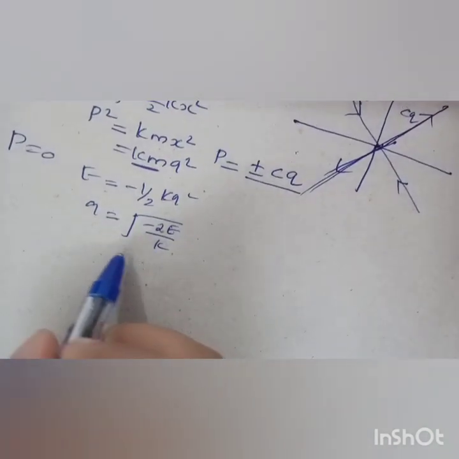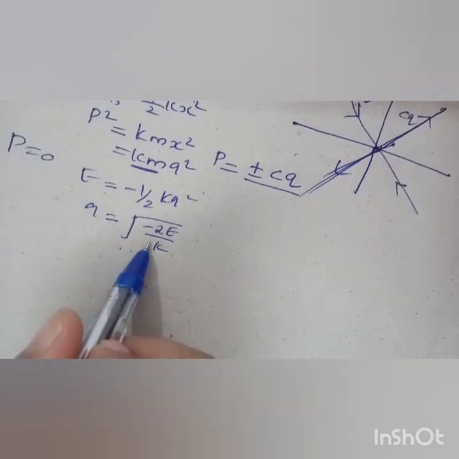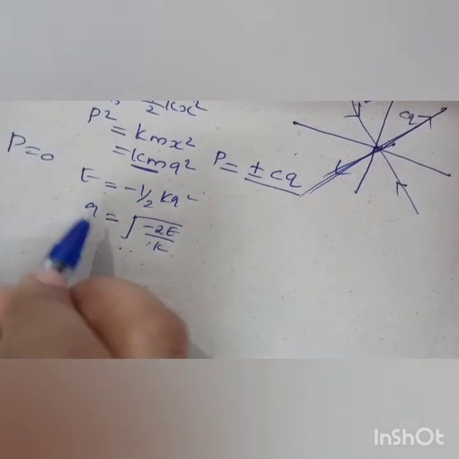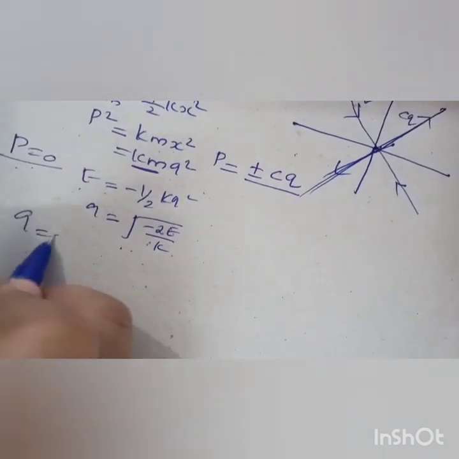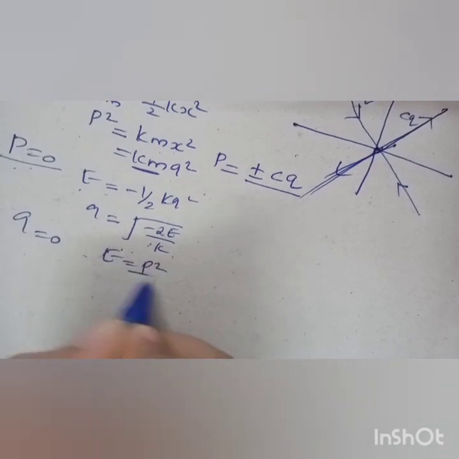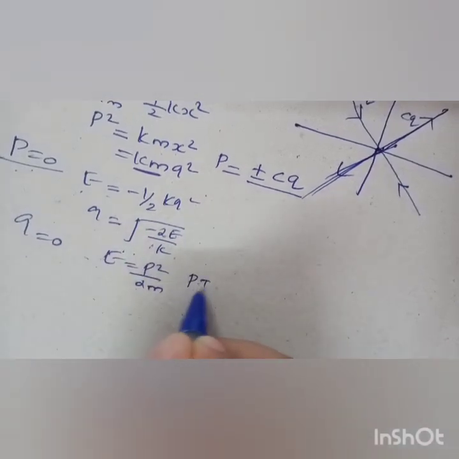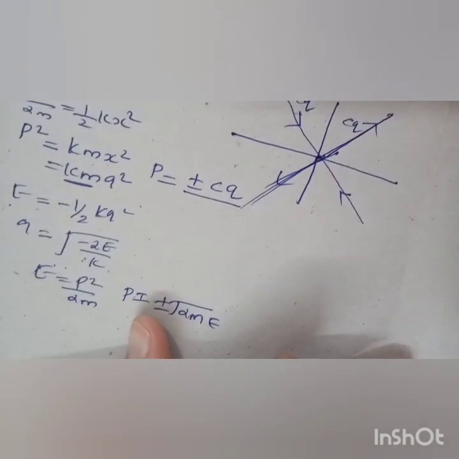Here q must be real, so the position can't be imaginary, so you can't consider p equal to 0. So you consider q equal to 0, in which E is equal to p square by 2m, so p is equal to plus or minus under root 2mE.